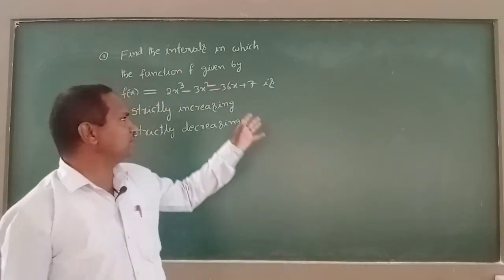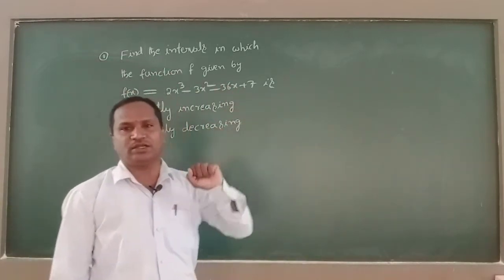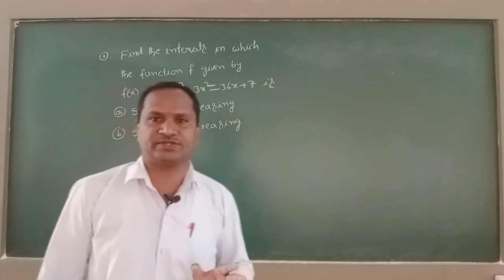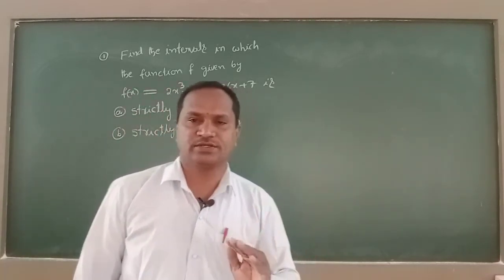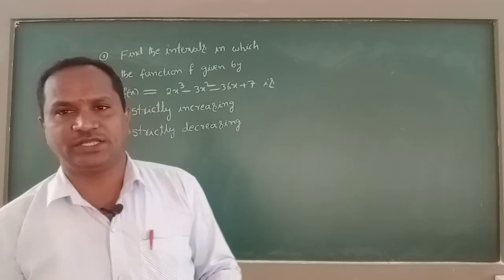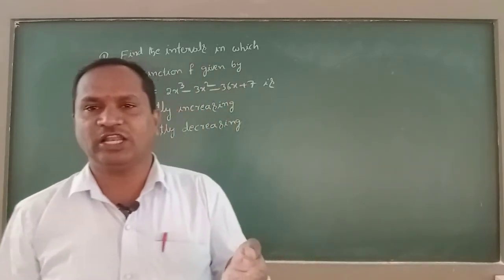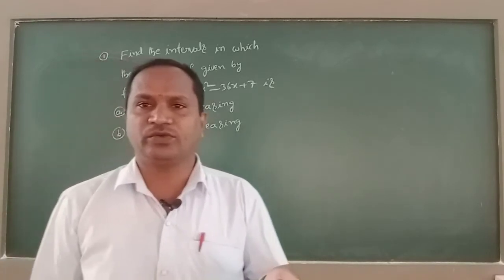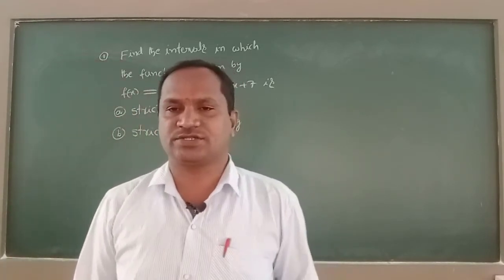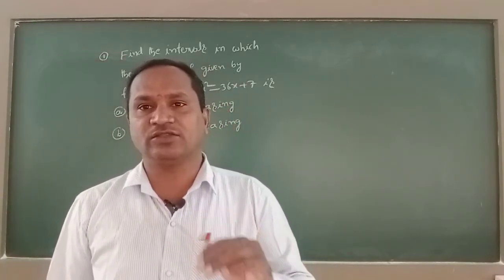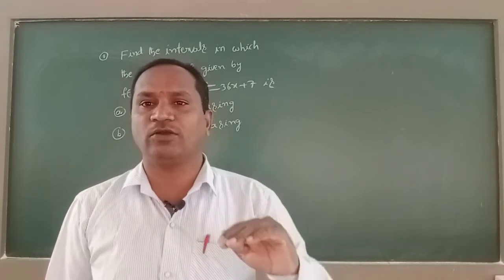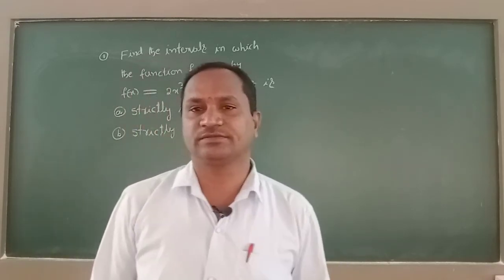See here, for the given function we must take differentiation with respect to x, and for increasing or decreasing we equate it to 0. With the help of that we find some values for x, and after getting those values, we plot them on the real number line.